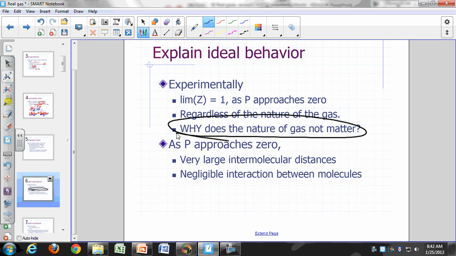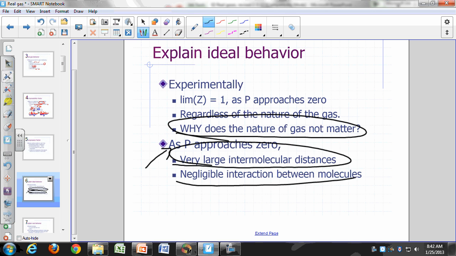Well, the reason for that is if you're approaching zero pressure, you're looking at very large intermolecular distances. So at very low pressure, you're looking at very large intermolecular distances, and so interactions between the molecules are negligible. So it's as if they're all behaving independently of each other. It's as if there's nothing influencing them at all.